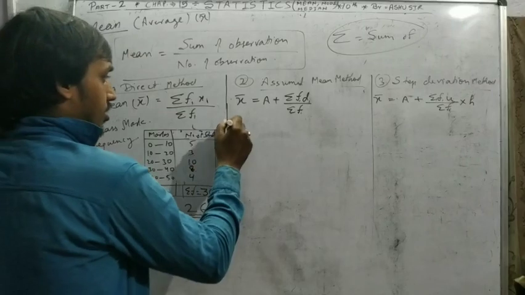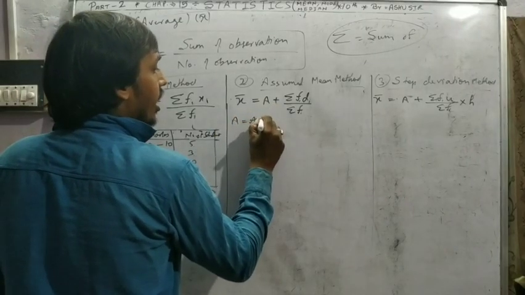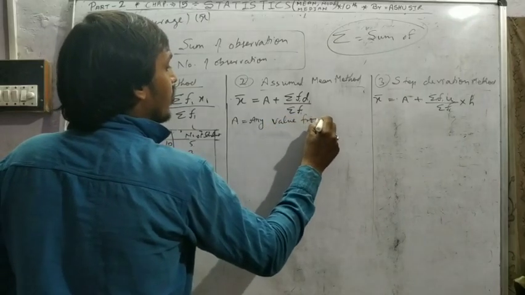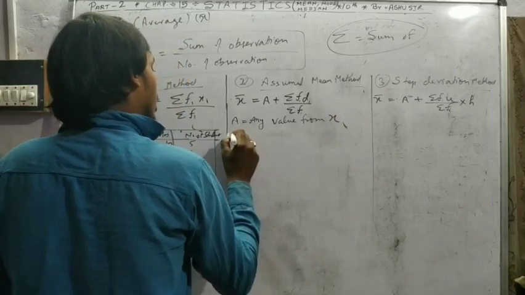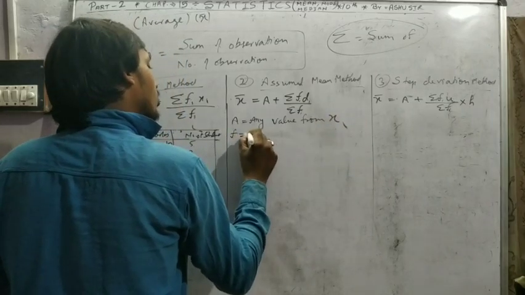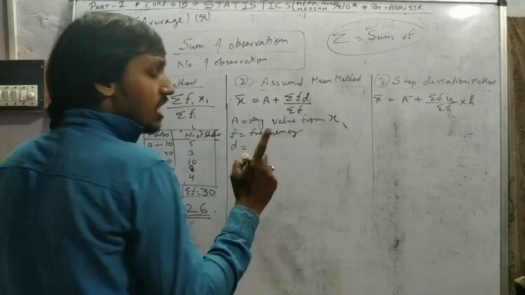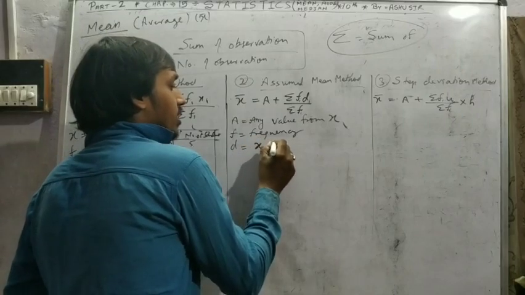A is any value from x, f is the frequency, and d is the deviation, that is x minus a.